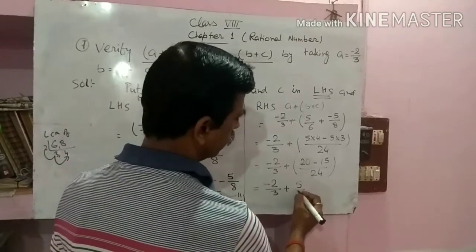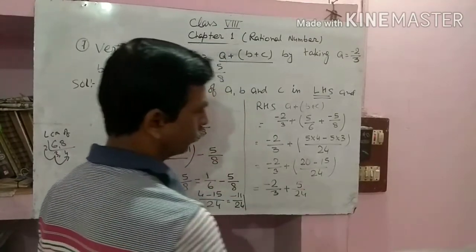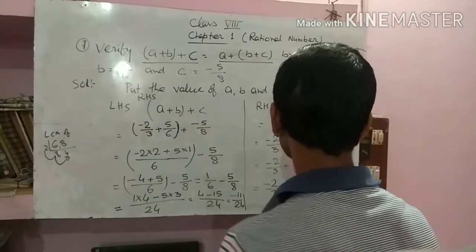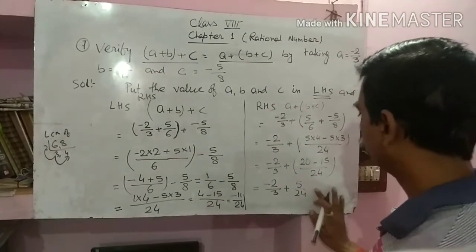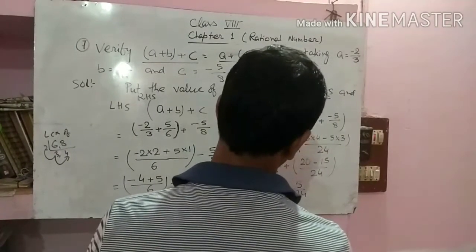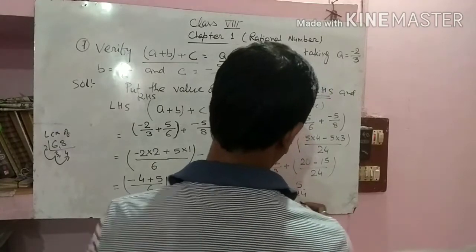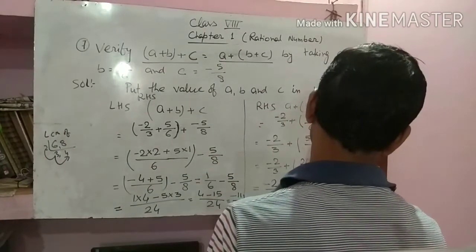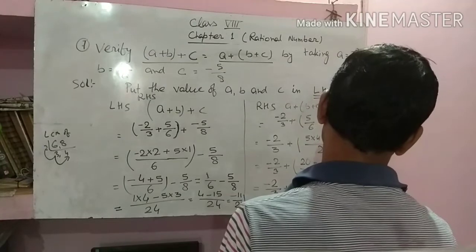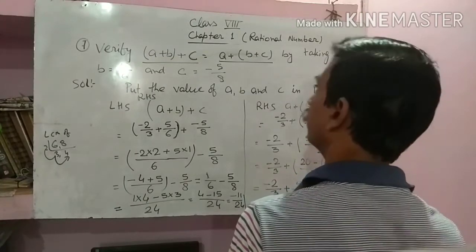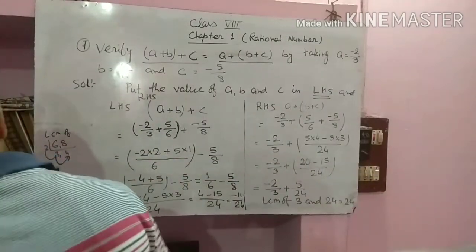So this is by 24. Now the LCM of 3 and 24 is equal to 24.